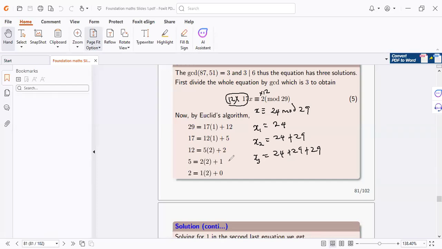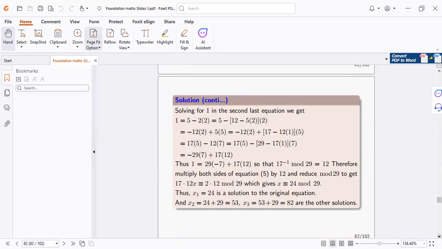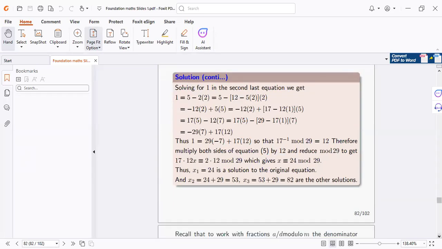You make sure that they are less than the mod. And I think they are less than the mod, so they don't require reducing because they're already less. So that is what I did, and when I did that, I got 24 as one result, then 53 as the other, then 82 as the other. So there are 3 solutions.